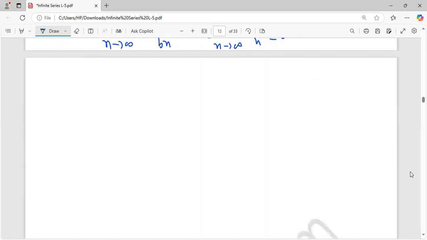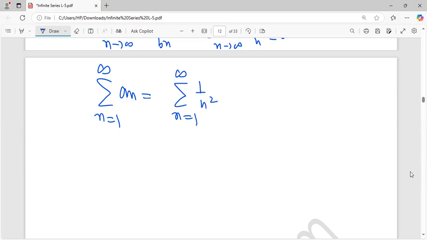Now this series An equal to 1 upon n square is convergent, because it is an auxiliary series where p is 2, which is greater than 1. If p is greater than 1, such series are convergent. So this is convergent.